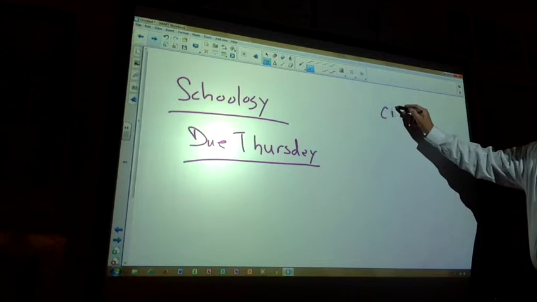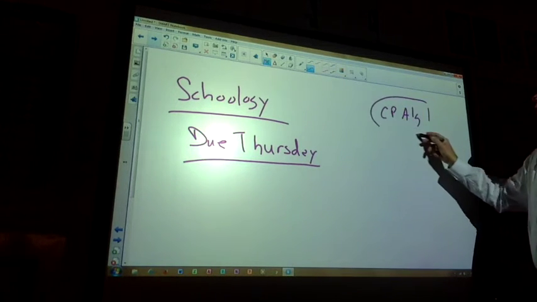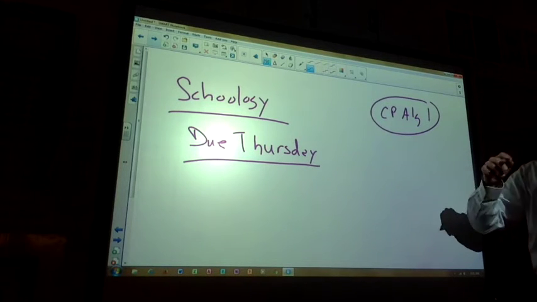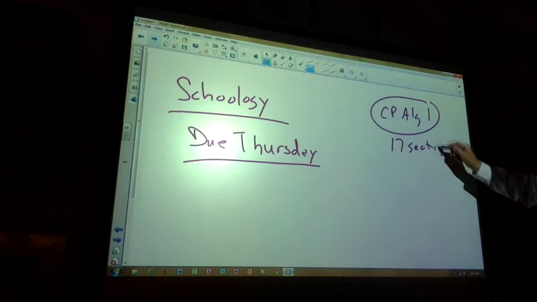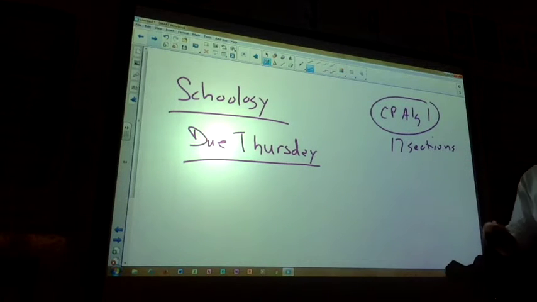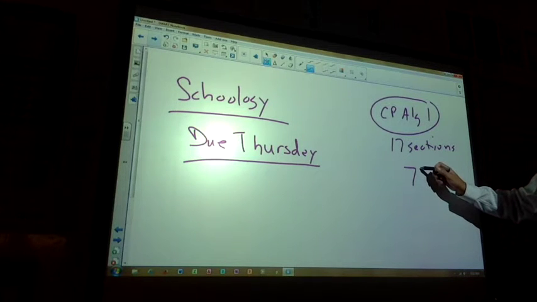So CP Algebra 1, as far as this school goes, there's, I believe, 17 sections of it. This is one of them. Of those 17 sections, they have an average score of 78%.